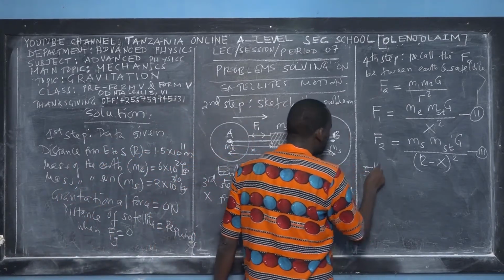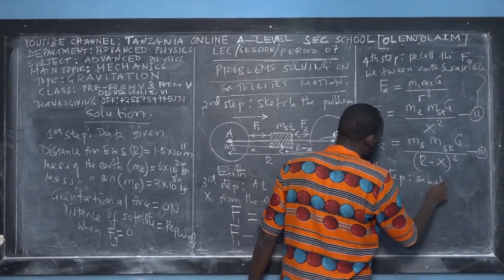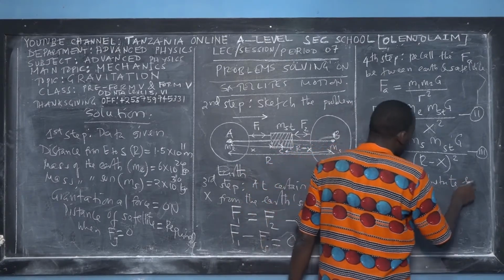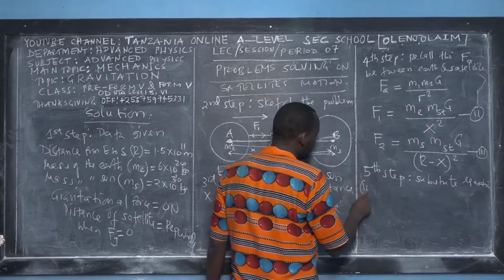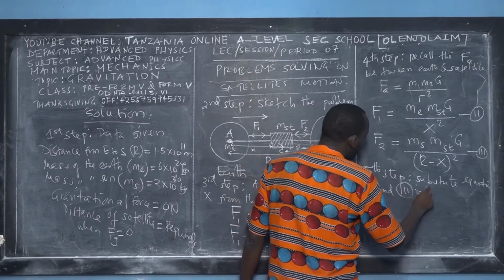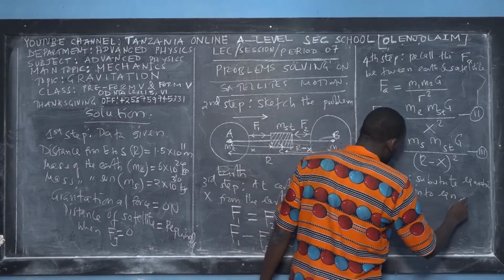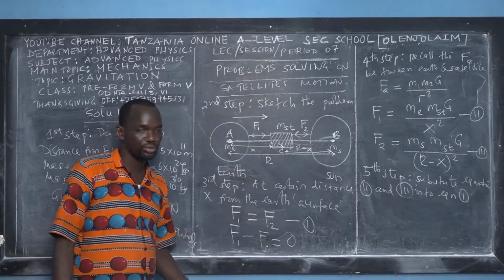We got to the fifth step. The fifth step now, we say that we substitute equation 2 and equation 3 into equation 1. So into this equation, when the gravitational potential is 0.